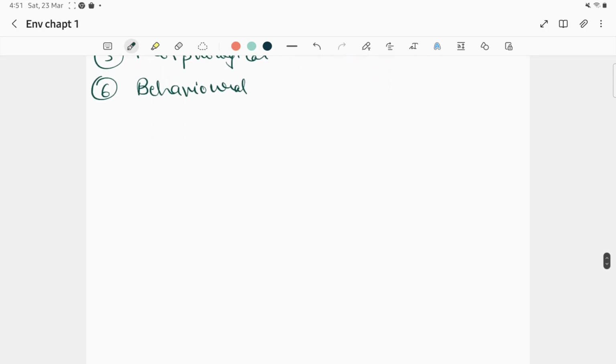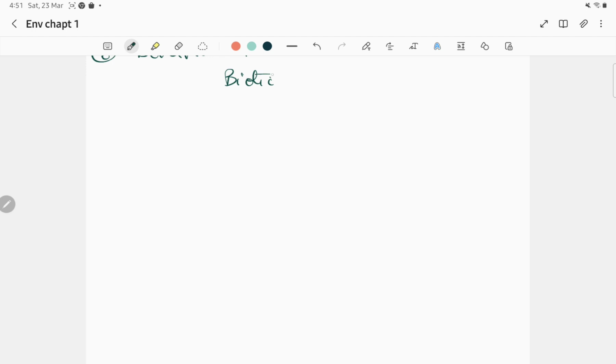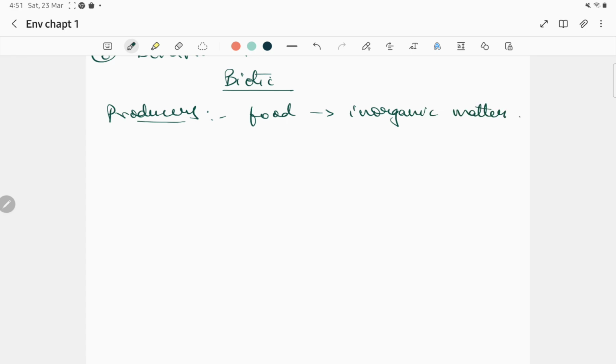Next, coming to biotic components. The first one we saw is producers. What are producers? These are the organisms which create food from inorganic matter. So these are the first species which form food using inorganic matter. Examples: plants, lichens, algae.